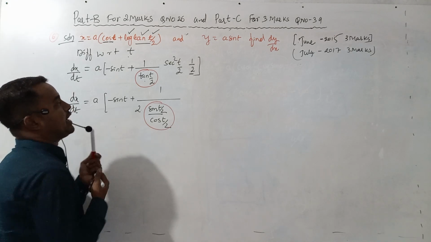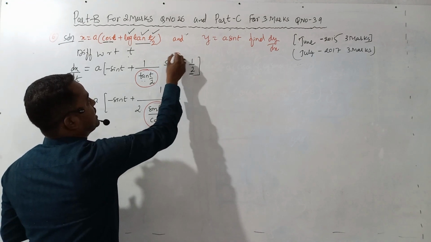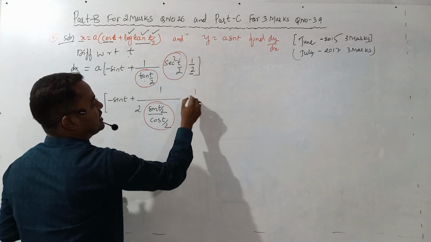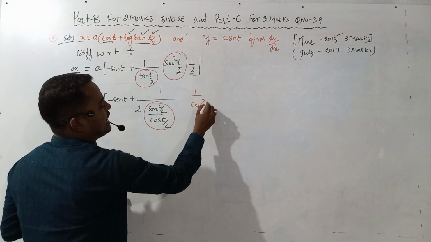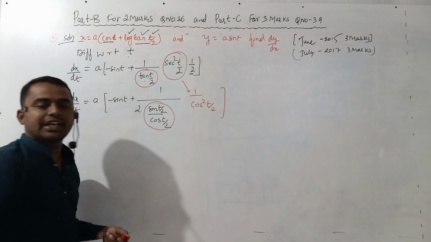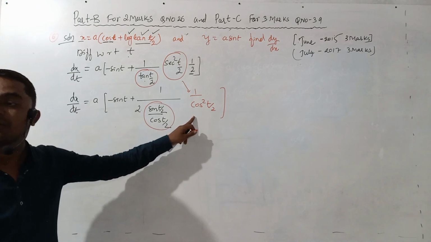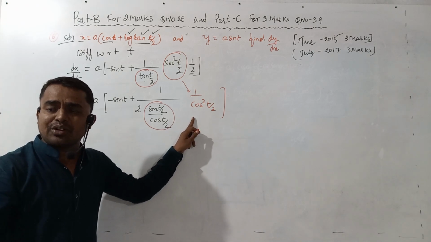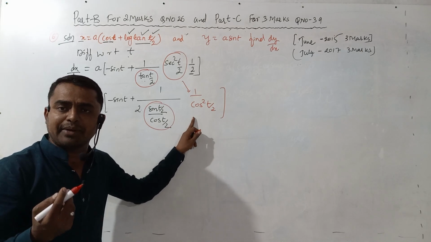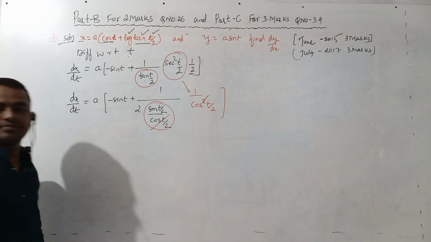Next, this sec square t by 2 is nothing but, using the reciprocal relationship, 1 by cos square t by 2. 1 by cos means sec, so 1 by cos square t by 2 means sec square t by 2. One cos and the other cos get cancelled.